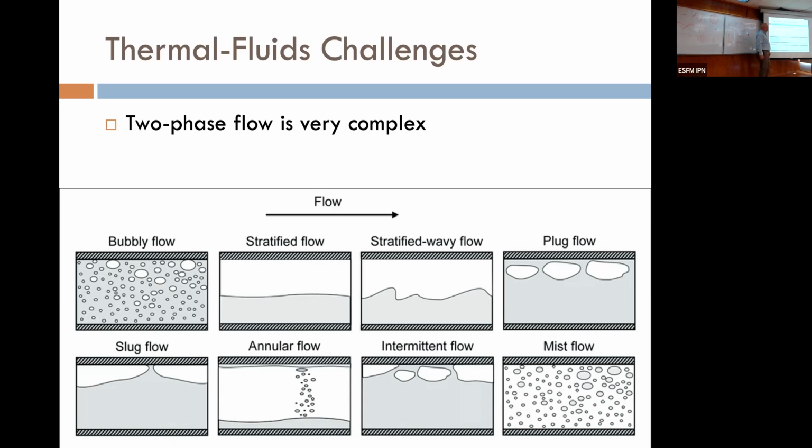As you increase the water content, you start to get big chunks, plug flow. But if the bubbles are really tiny because of the chemistry of the water, you might wind up with bubbly flow. Or you get really big chunks of air coming in slugs.